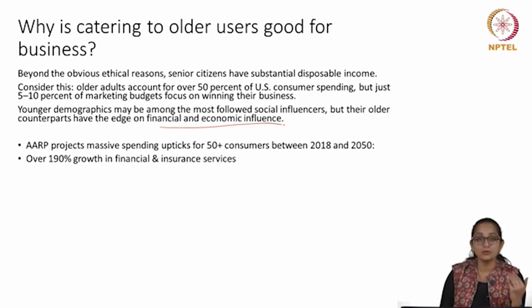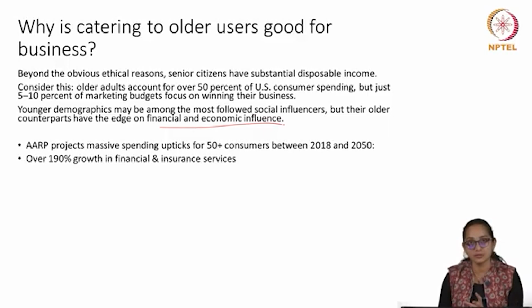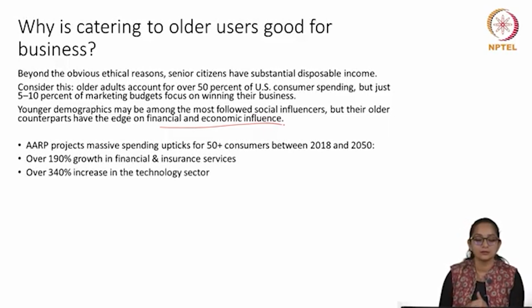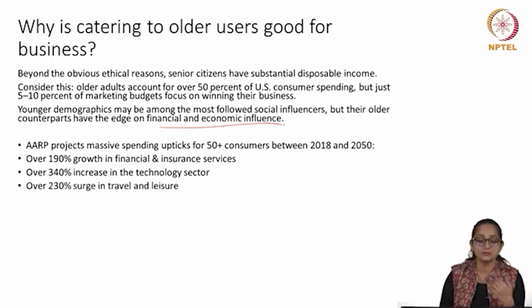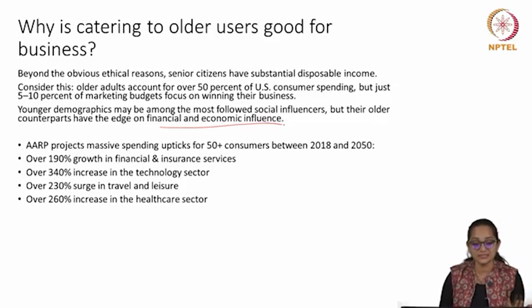There is almost a 200% growth in financial and insurance services. There is almost 3 times growth in the tech sector. There is almost double surge in travel and leisure. There is more than 260% increase in the healthcare sector.